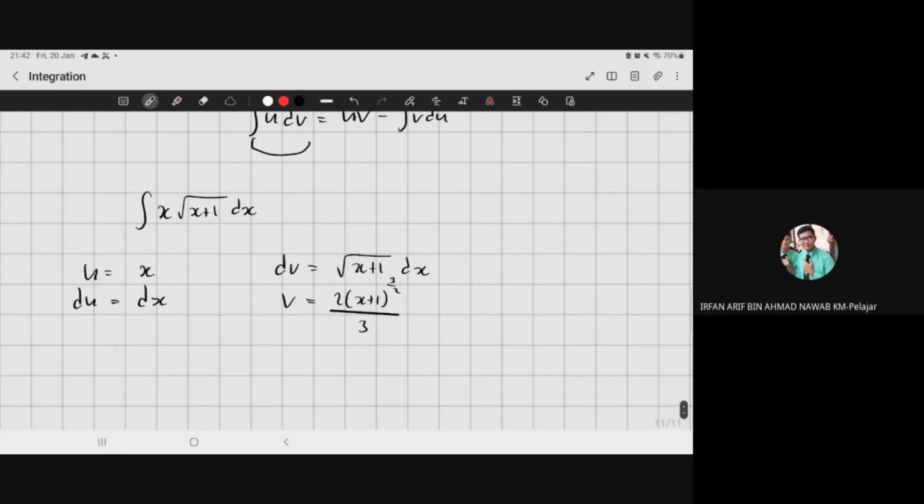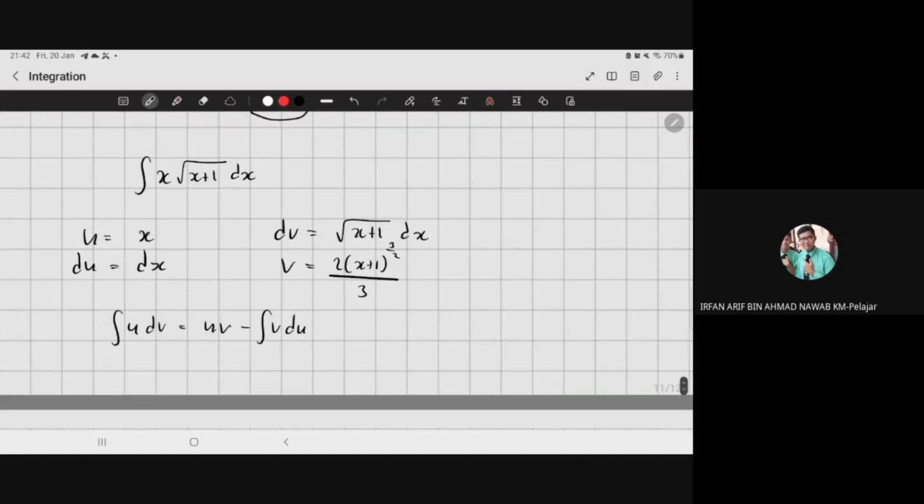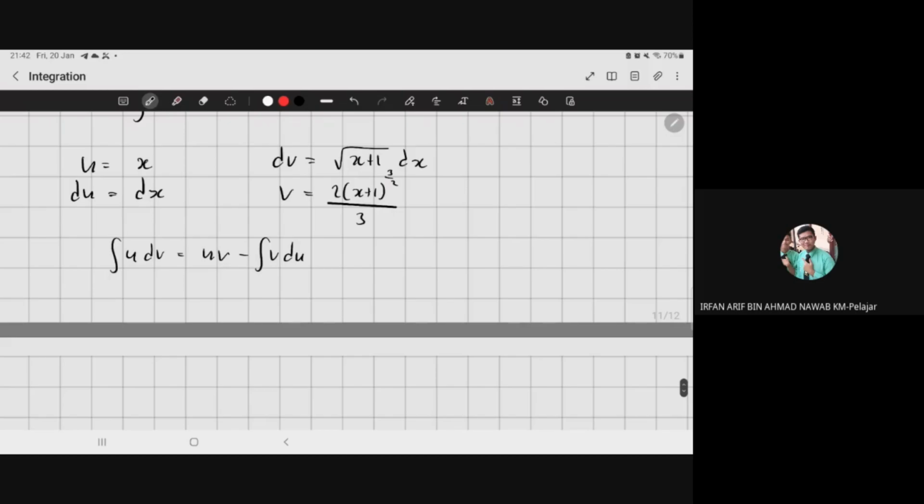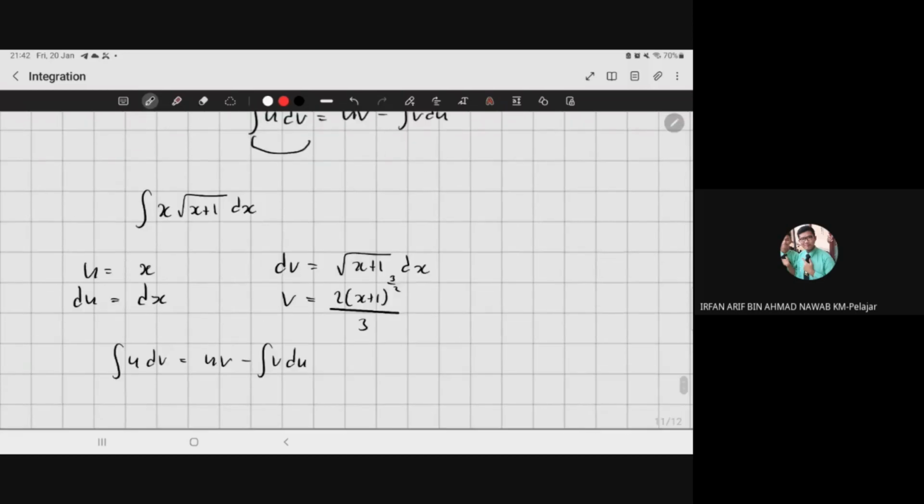Okay, let's write back down the formula. So you get uv minus integral v du. Now, you see here, if we compare, yes, it's like this.